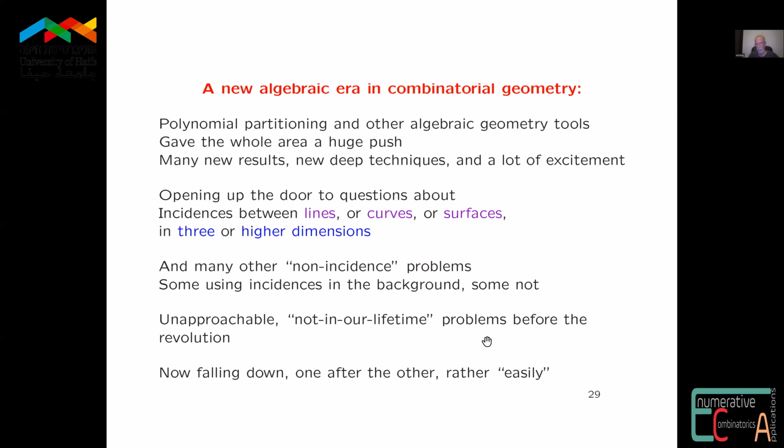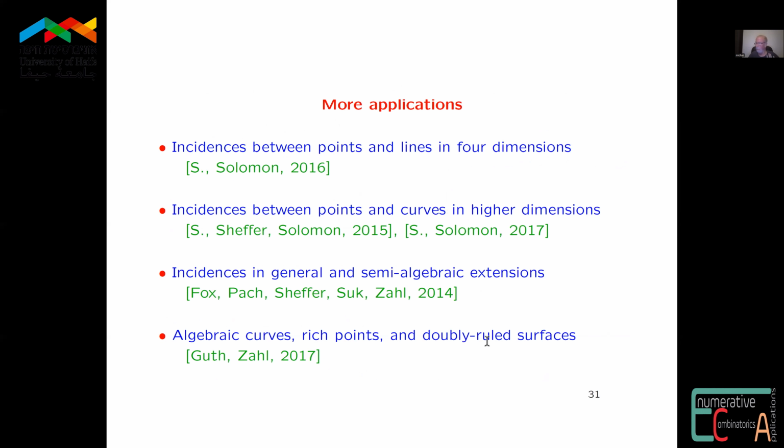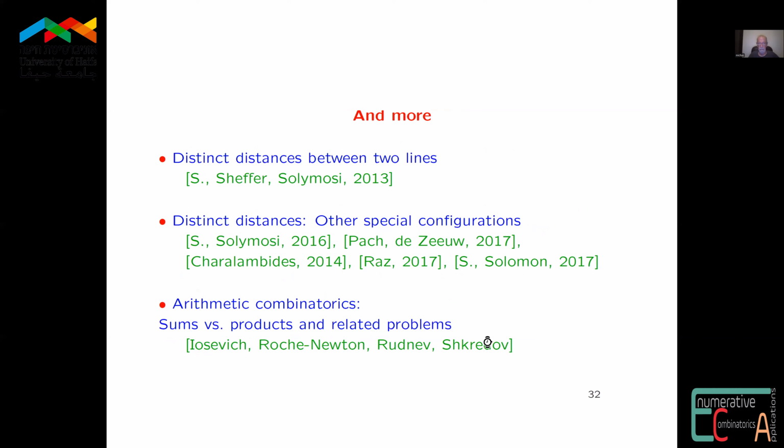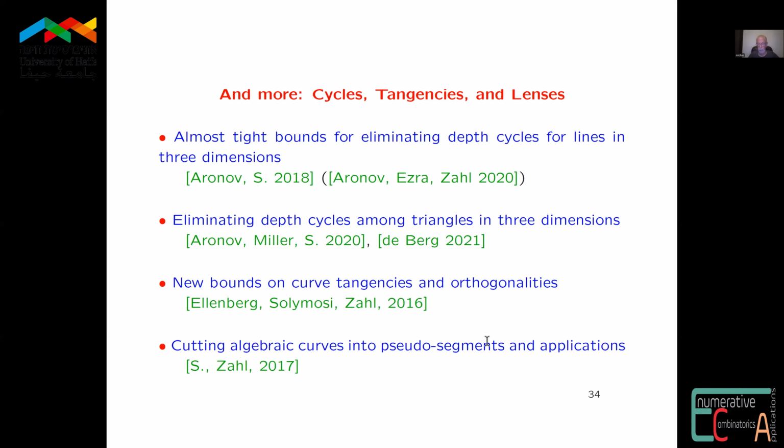Now I flash at you several vanity slides just to show you how much progress has been done. It's just a bunch of results, and again, each one of them is a very basic, difficult problem that resisted solution for many years, etc. But I want to focus on this slide, which represents more recent developments, and I want to spend some time telling you about them.